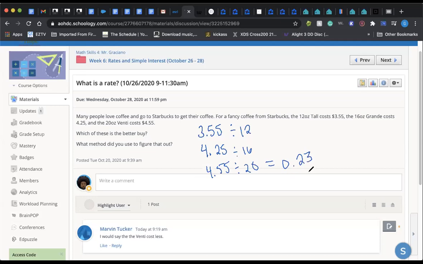Because we got to round up, since after the 2 comes a 7, so we should round up to 23 cents. So 23 cents for that 20 ounce. The 16 ounce was 27 cents, and the 12 ounce is 30 cents, when we round it. So definitely the better buy is the 20 ounce.